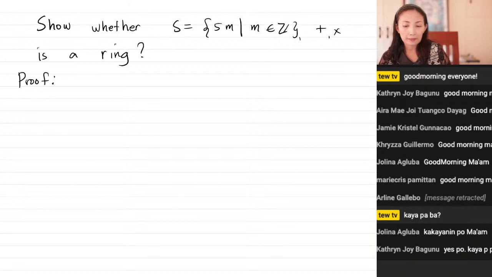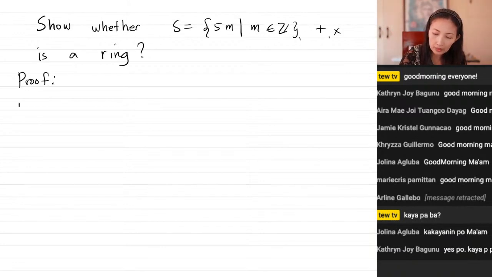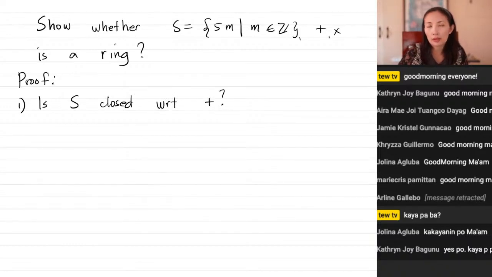Number 1: is S closed with respect to the first operation, addition, which means when we add any two multiples of 5, will the result be a multiple of 5? Like 5 plus 10, 15. 15 plus 20, 35 is a multiple of 5.